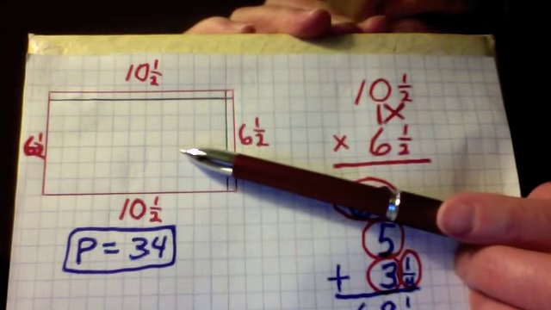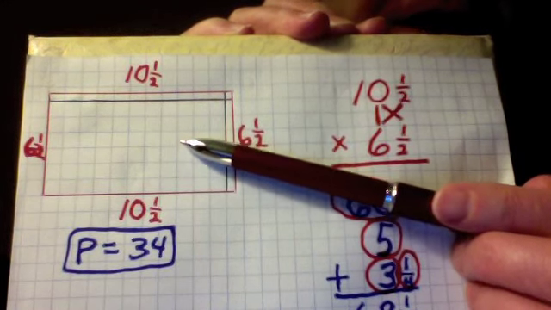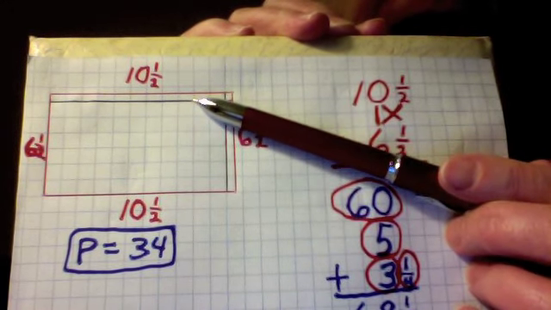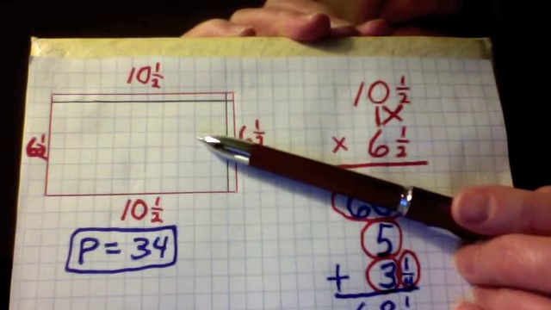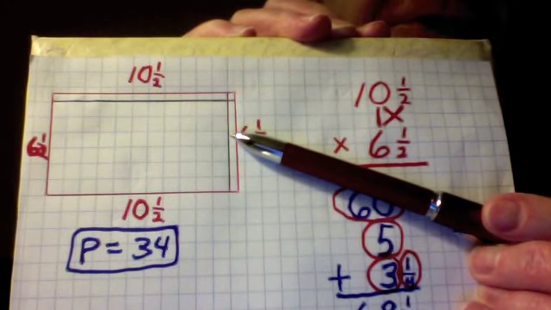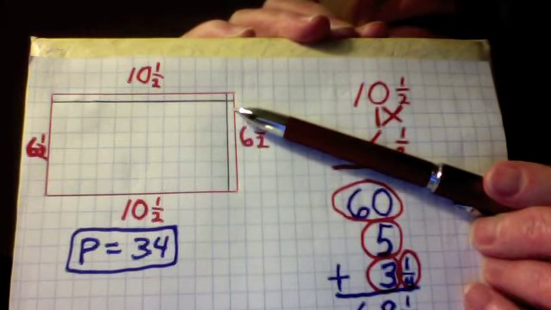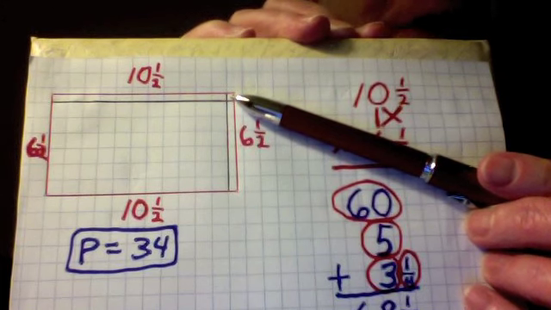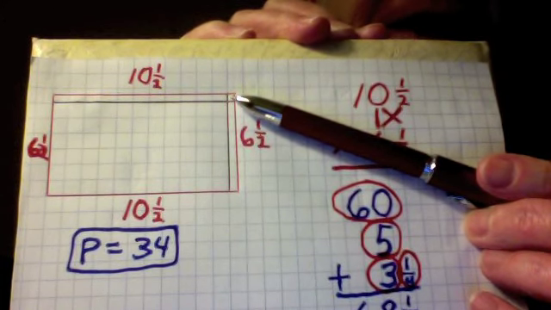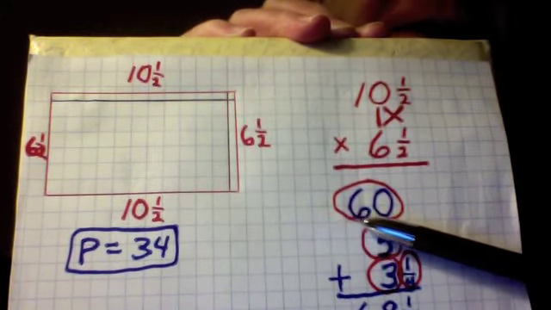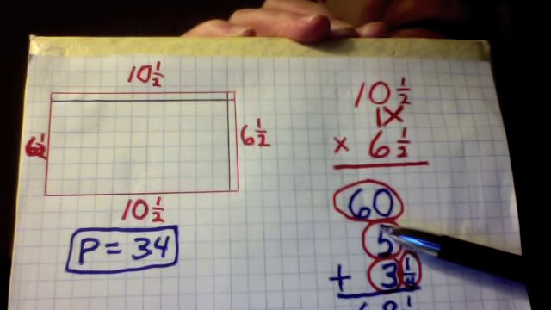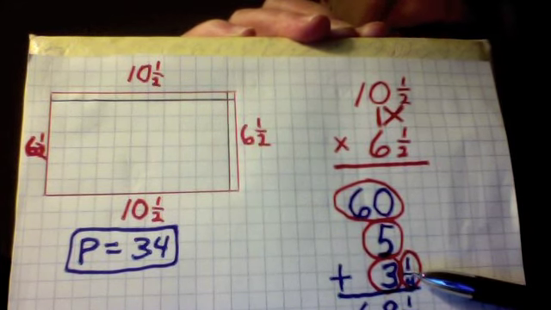So everything's accounted for now, including the little 1/4 here in the corner. That's right, everything's included now. The 60, the 5 in this strip across the top, the 3 in this strip along the side, and this extra little 1/4 of a square in the upper right hand corner. The 60, the 5, the 3, and the 1/4.